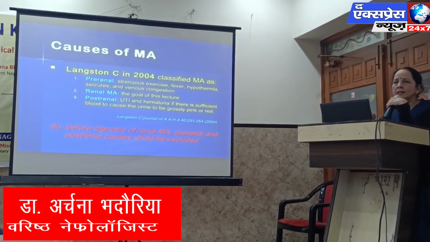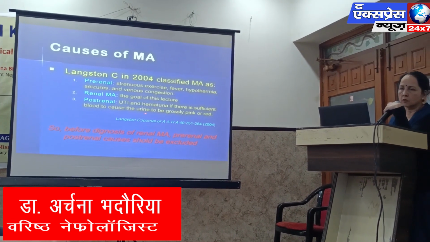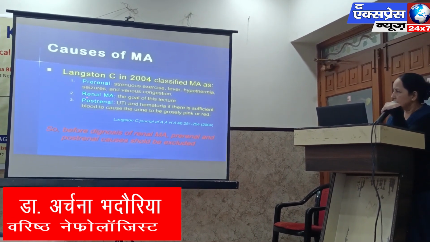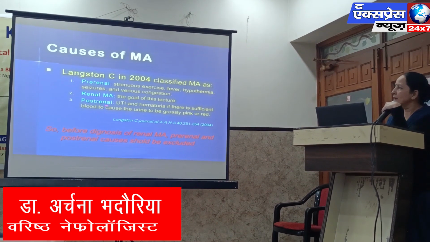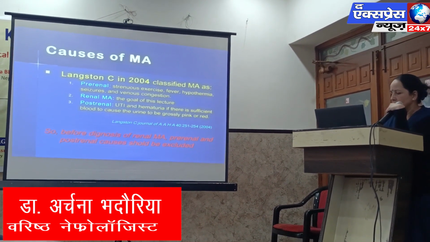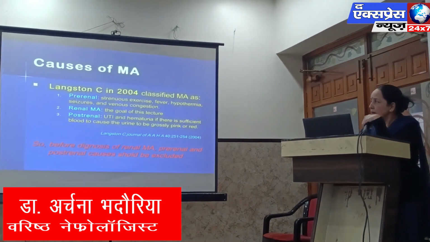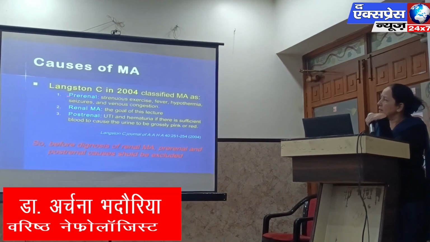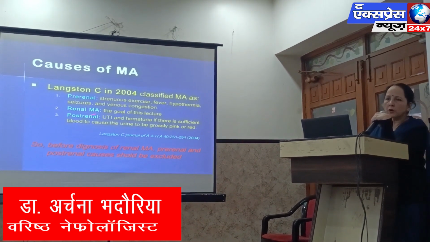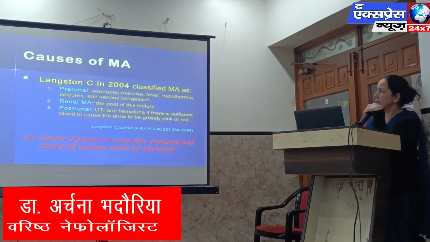It will not say the source is from the glomerulus. So these are the post-renal causes. And the most important one is the renal microalbuminuria, which is of importance to us, and we are discussing this one today. Pre and post, they are reversible, they are modifiable, and renal microalbuminuria, it is a disease state.